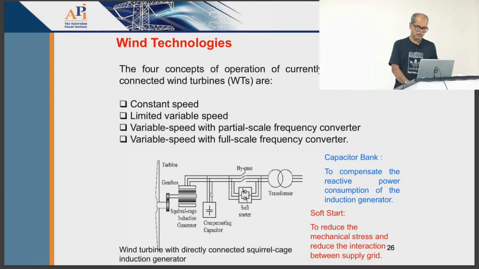And then we also use like a soft starter, because during the starting period, this type of induction machine takes high current from the system. So to limit that initial current, this switch is open, so there is an additional resistor in series with the turbine.